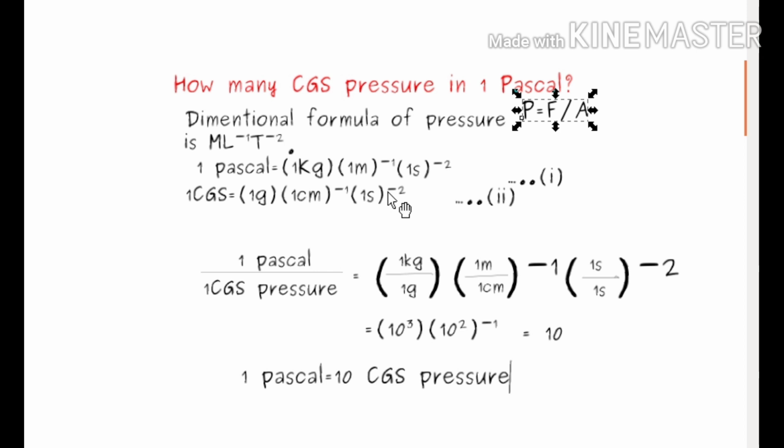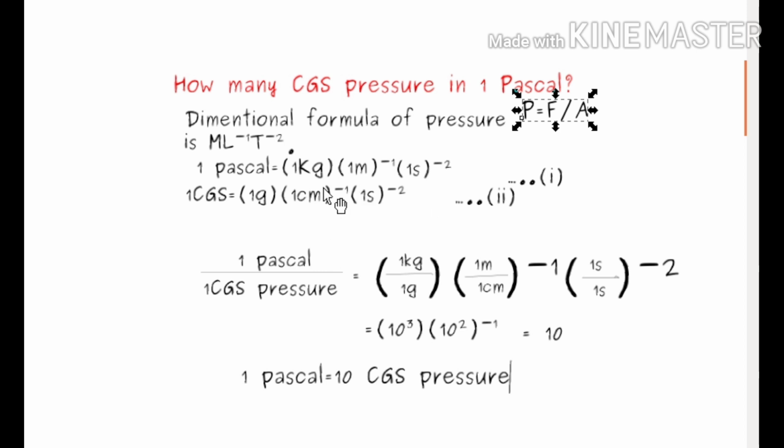Now what do these powers indicate? You can convert any unit in any system, but the dimensional formula will remain the same; it will not change. You can see L has power -1, so meter^-1, and second^-2, here also second^-2 and length^-1.